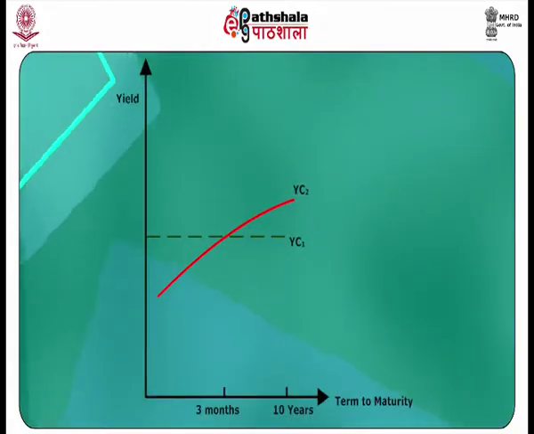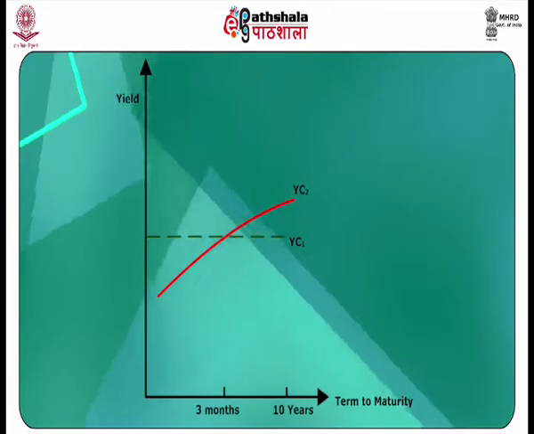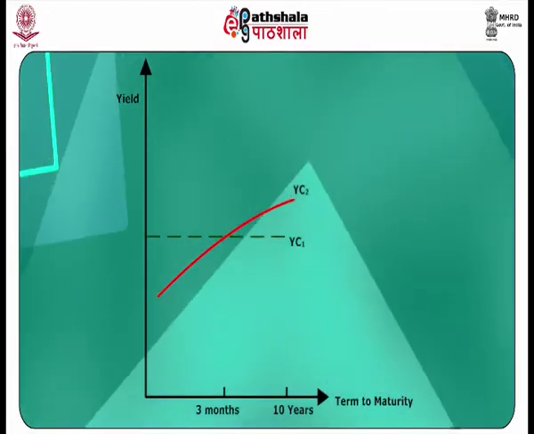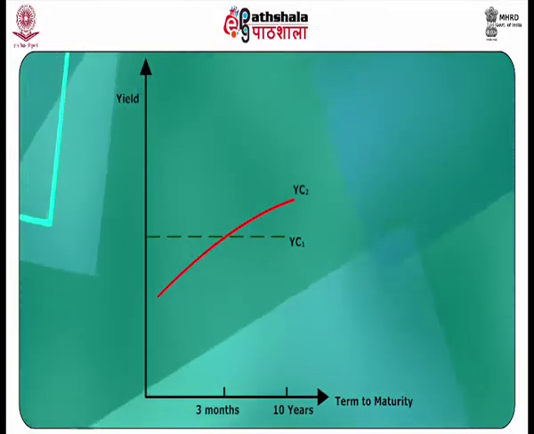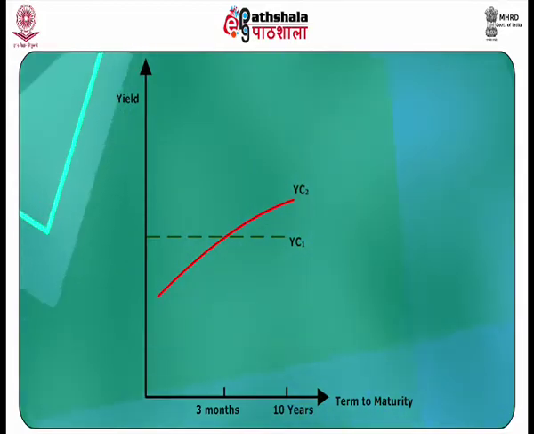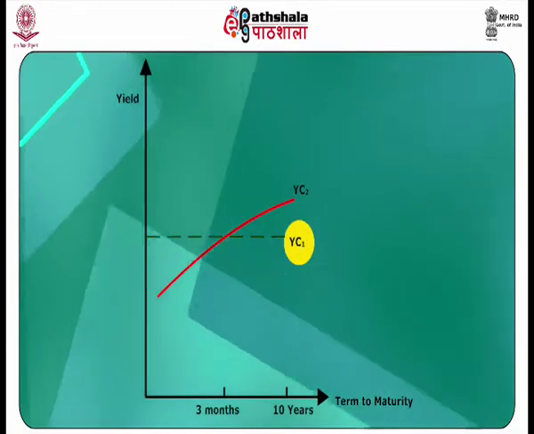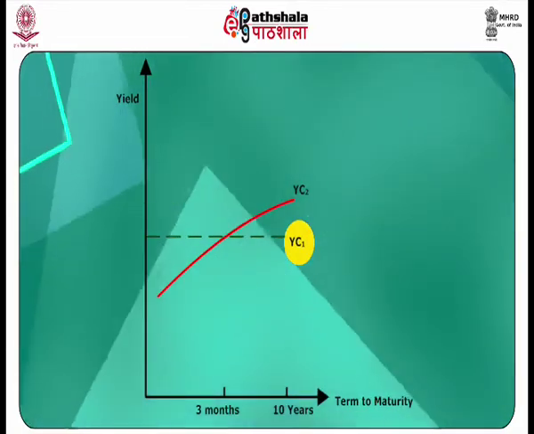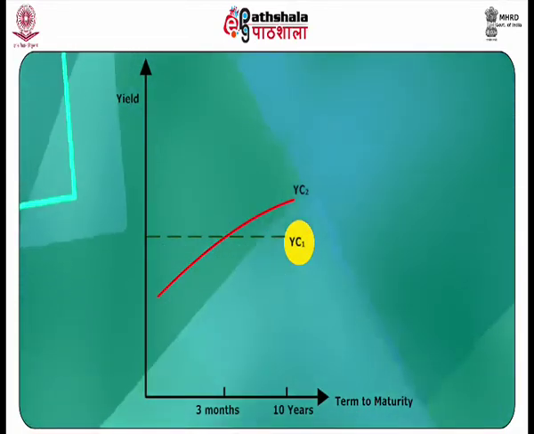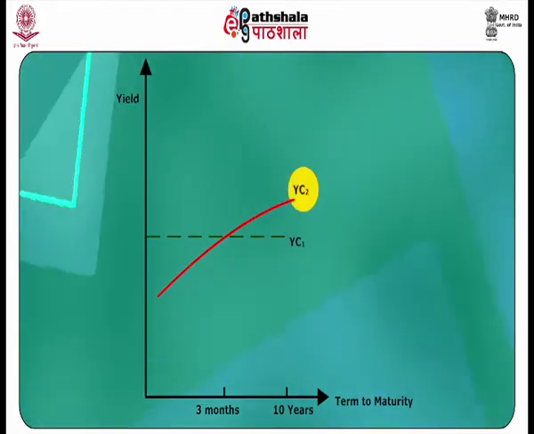There is also an increase in the demand for long-term funds by the borrowers, which places upward pressure on long-term yields. Overall, the expectation of higher interest rates changes the demand for funds and supply of funds in different maturity markets, which forces the original flat yield curve, labeled YC1, to pivot upward counterclockwise and become the upward sloping YC2.